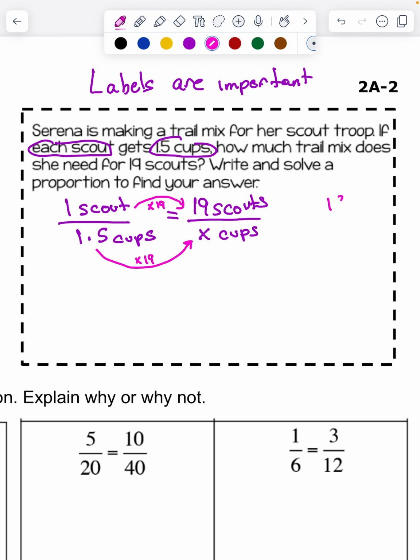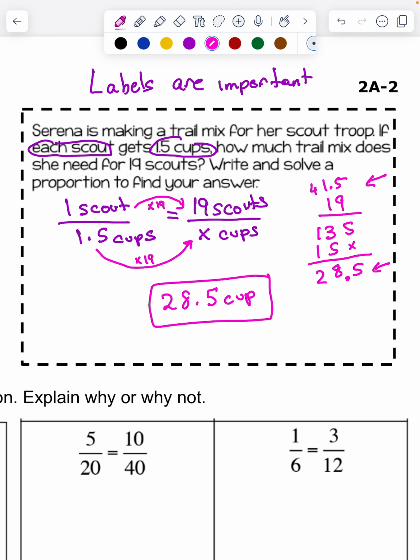So it is 19 times 1.5. 9 times 1 is 9. 135, placeholder 0, 5, 1, 5, 8, 2. But I have to move one decimal place in here. So it's 28.5 cups.